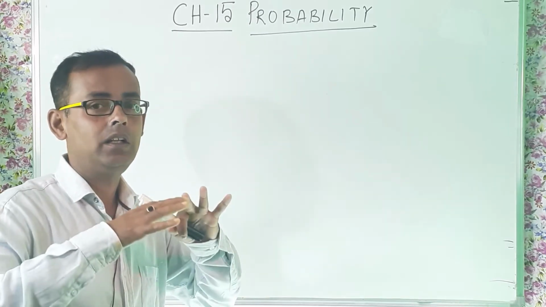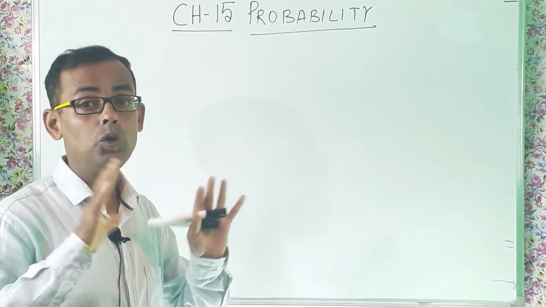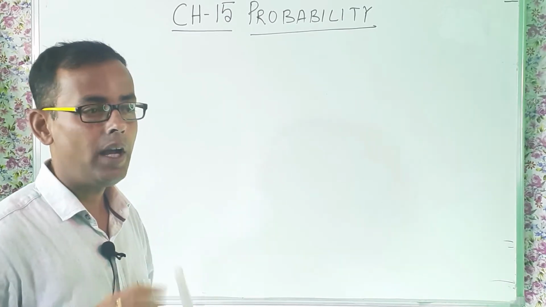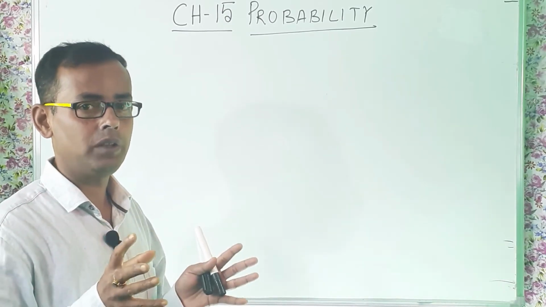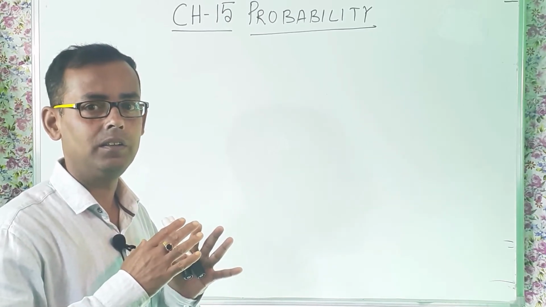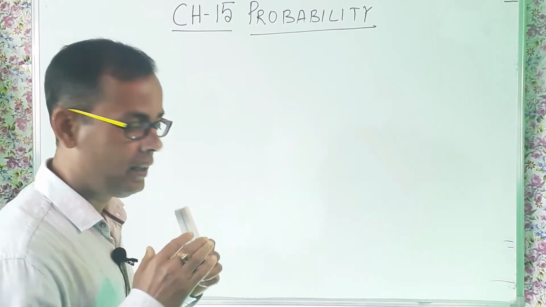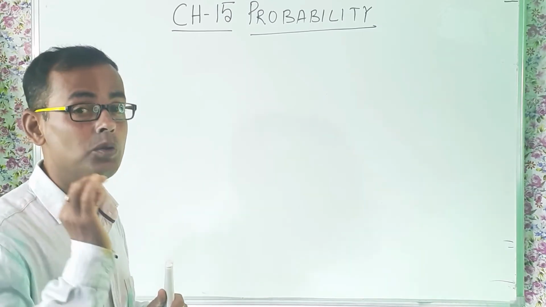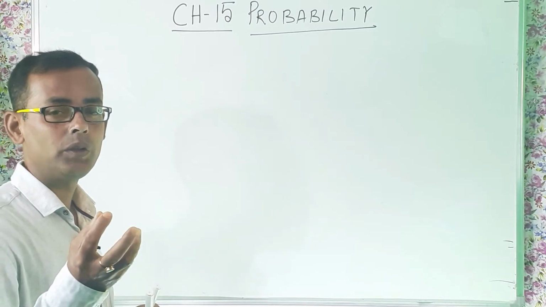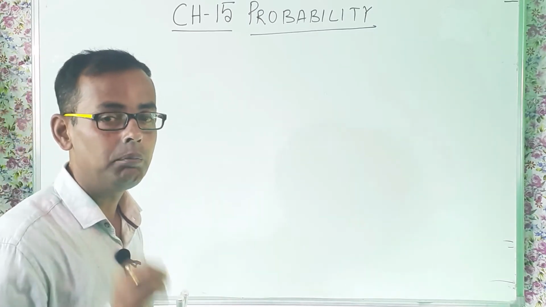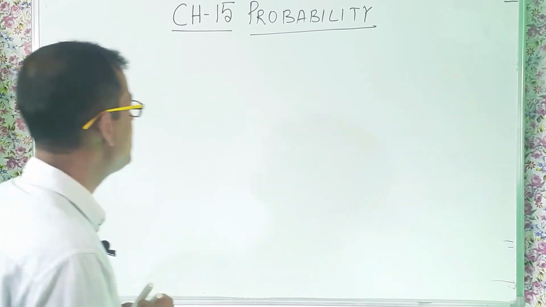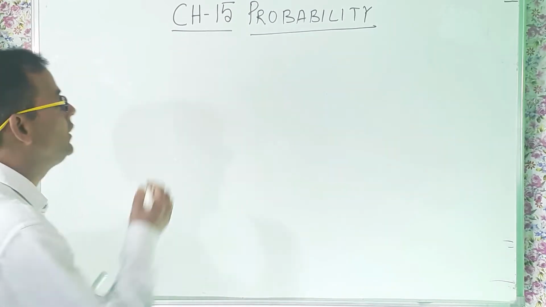I am not telling the whole concept, but you got a little idea. I do not want to make you confused. The theory is a little big, and you must know the theory also. Theoretical questions will not come in the exam, but it will be helpful in class 11, 12. So now let me start.